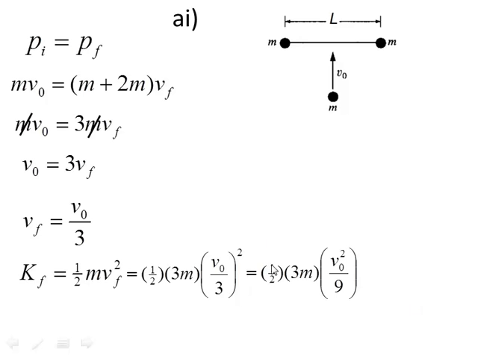So that'll be v0 squared over 9, which you see here. This will cancel out so that you end up with a 3 down there. 2 times 3 is 6. So your final answer to this part of the problem is m v0 squared over 6.